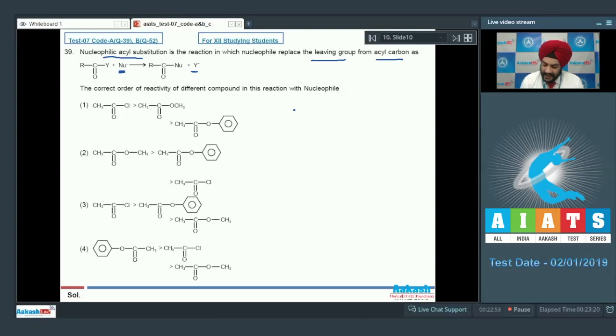If you look at the three substrates which are given to us, the first one is acyl chloride, CH3COCl. In the second structure, we have CH3COOCH3, which is methyl acetate. And in the third structure, we have a phenyl acetate, CH3COOPh.